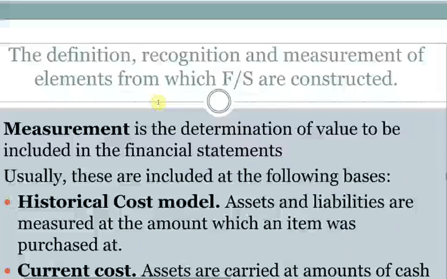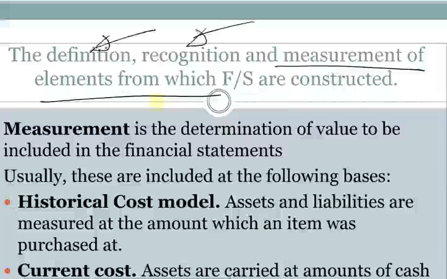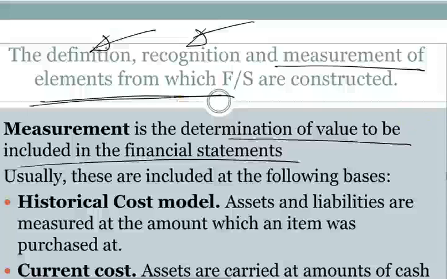So let us look at measurement of elements. We have talked about definition. We have talked about recognition. Now let us talk about measurement. When we're talking about measurement, it's determining the value to be included in the financial statement. What value can you give that element of financial statement? If you have a car, what value can you give it?